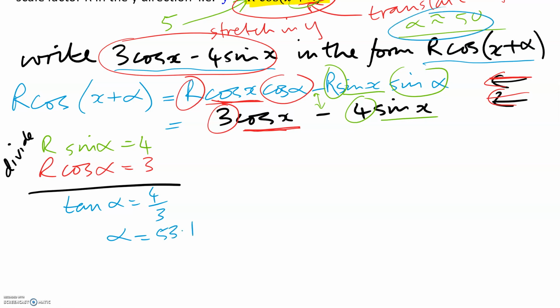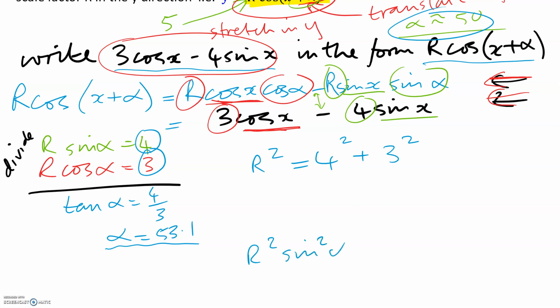So we suspected over here that alpha was going to be about 50, and it turns out it's 53.1 to 1 decimal place. How do we work out what r is? Well, you could just substitute what alpha is back into either of these two if you liked, but the easiest way is to use the fact that r squared is always this squared plus this squared, and the reason for that is if you were to do the top row all squared, you'd get r squared sine squared alpha.